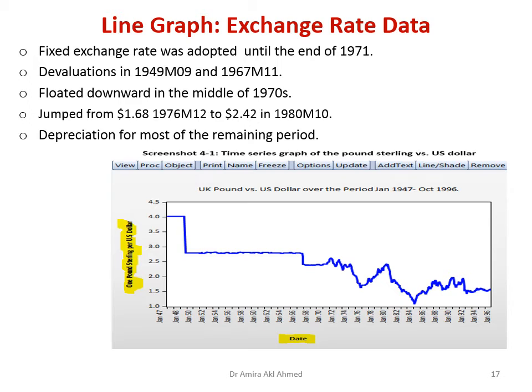Then it gradually depreciated as it floated downward through the middle of the 1970s. However, it jumped from $1.68 in December 1976 to $2.42 in October 1980. Finally, depreciation of the pound sterling is noticeable for most of the remaining period.